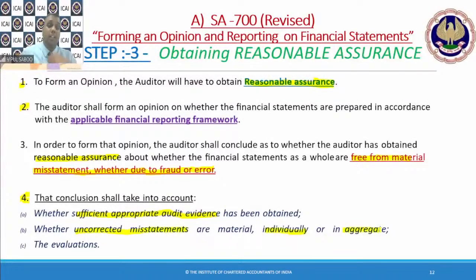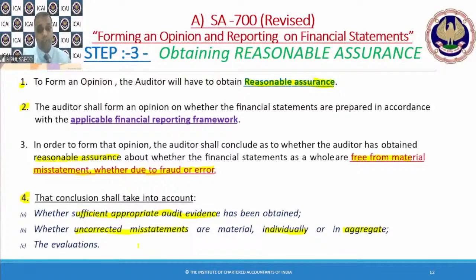What are uncorrected misstatements? The misstatements identified during the audit which have not been corrected by the management, the makers of the financial statements. They have not been corrected, whether on a standalone basis or their accumulated effect has any impact on the auditor's conclusions.